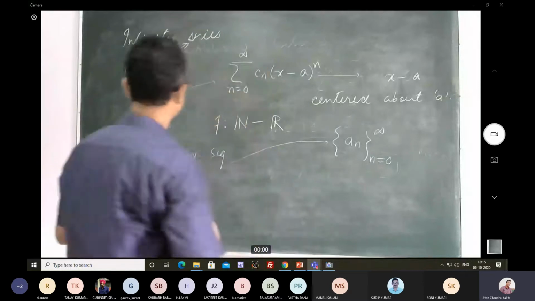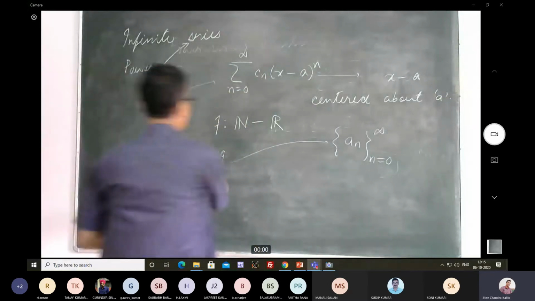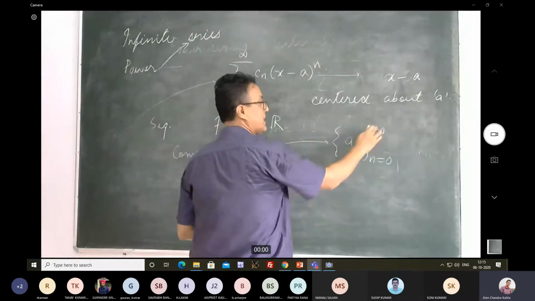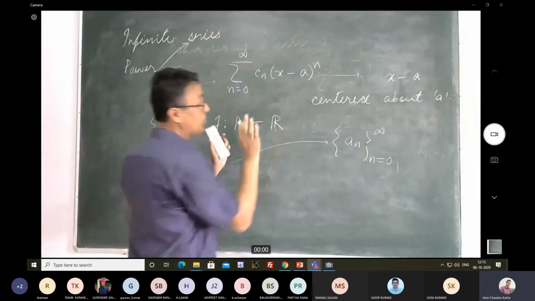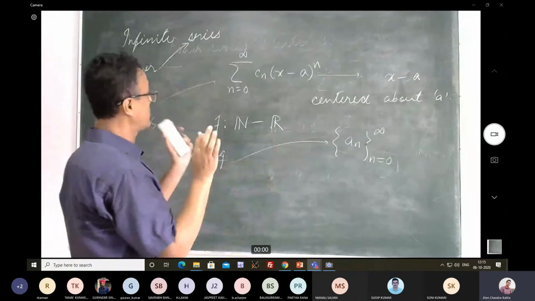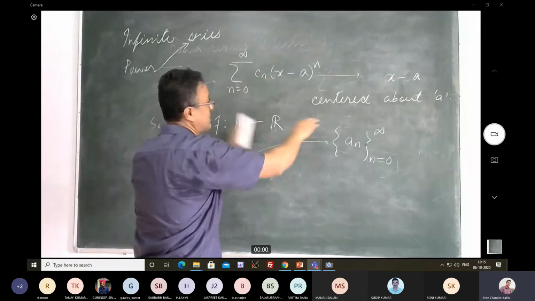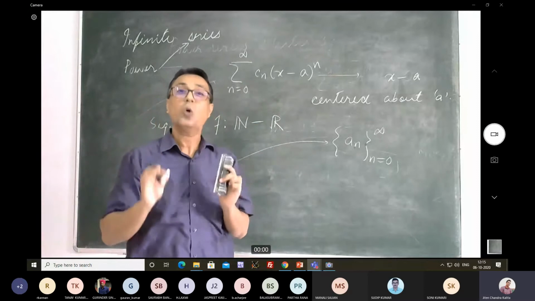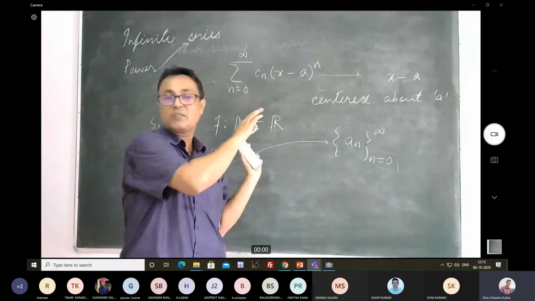As you know, for the convergence of a sequence, let me tell you that whenever we are talking about all these power series and sequences, for the time being we are considering only sequences of real numbers.